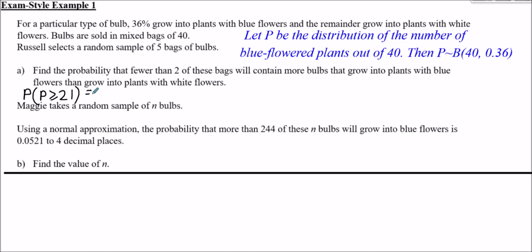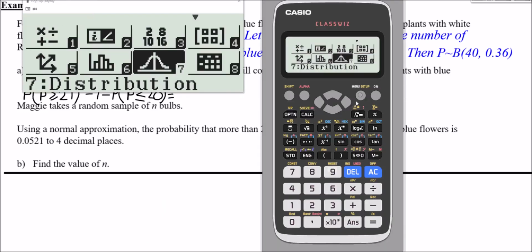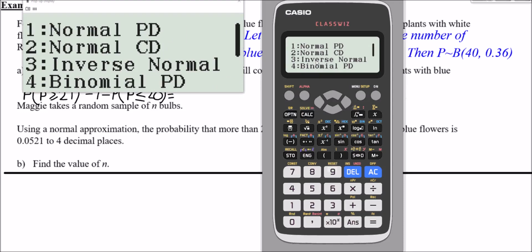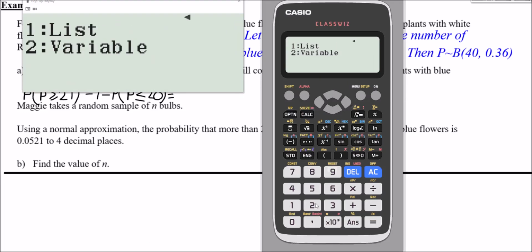So we want at least 21 to be blue. That is the same as asking for all of them, apart from those bags which have 20 or fewer blue in. So this is where we need to use the calculator. We need to get the binomial up and running. We go menu, option 7, scroll down, go to binomial CD, press variable.